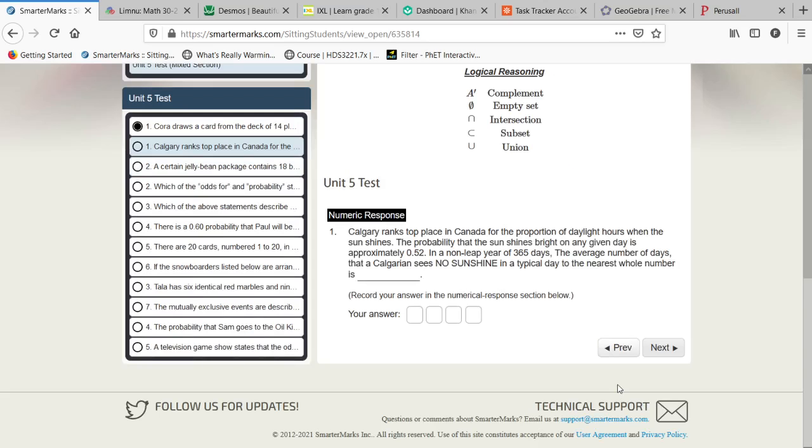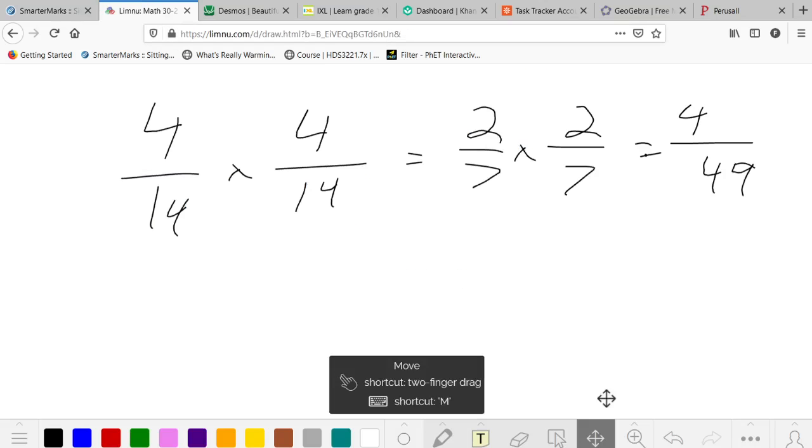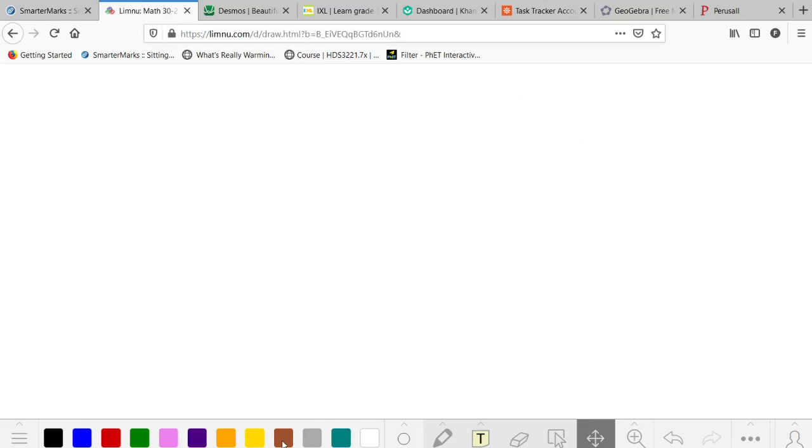All right, number 2. Calgary ranks top place in Canada for the proportion of daylight hours when the sun is shining, or when the sun shines. The probability that the sun shines bright on any given day is approximately 0.52. In a non-leap year, the average days that a Calgarian sees no sunshine in a typical day to the nearest whole number is. So the probability that the sun shines is 0.52.